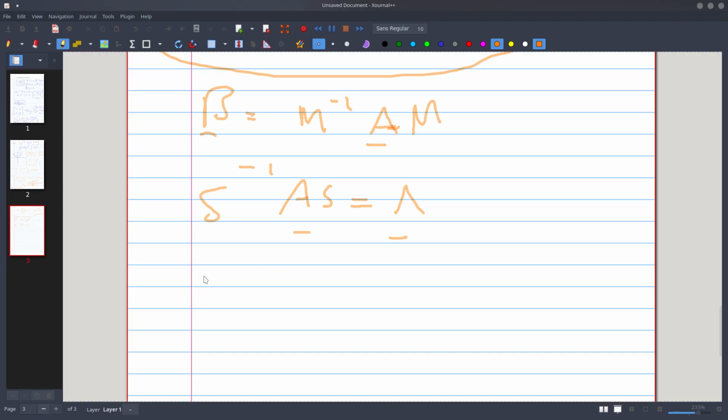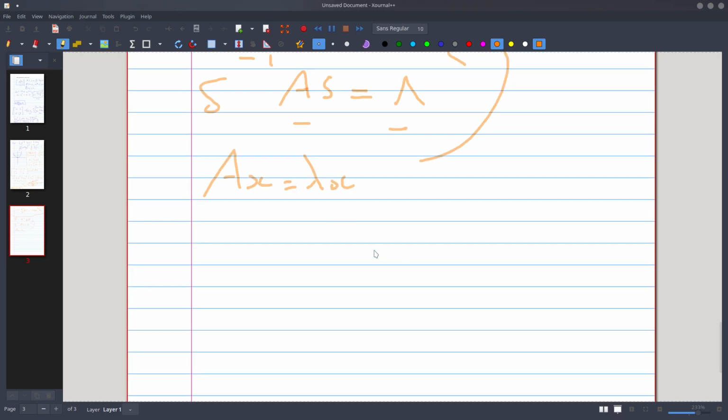So we start with the only thing you know, basically, which is AX is equal to lambda X. And we've got this up here that we're working with in terms of the definition of a similar matrix. And so what you can do is say A M times M inverse X is equal to lambda X. We didn't do anything here. We just stuck in the identity matrix here.